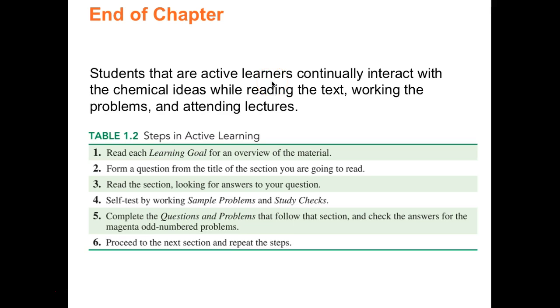Some of the steps in active learning are making yourself little goals for the material that you're learning. If you write down what your goals are and then try to achieve them, for example, you're going to read through section 1 and then you'll have a certain goal for section 1.